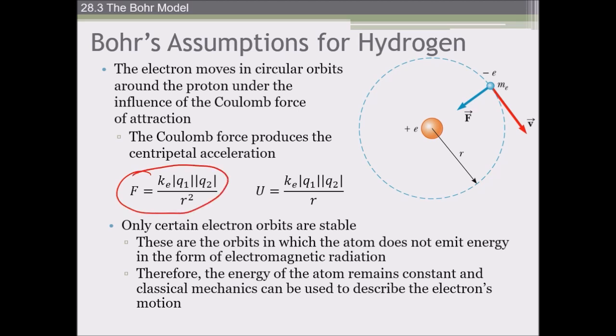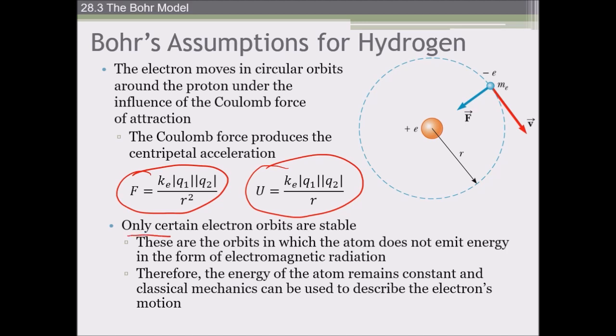This looks very much like the orbital equation we do for a satellite in space, except we have the centripetal force is caused by the Coulomb force, so we have our Coulomb's force in there, and then our energy level that we talked about. So these are the exact same equations that we started the class with to be able to describe how this electron is basically orbiting the central nucleus.